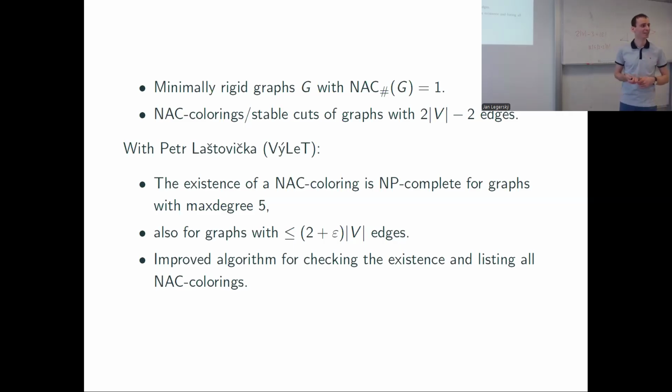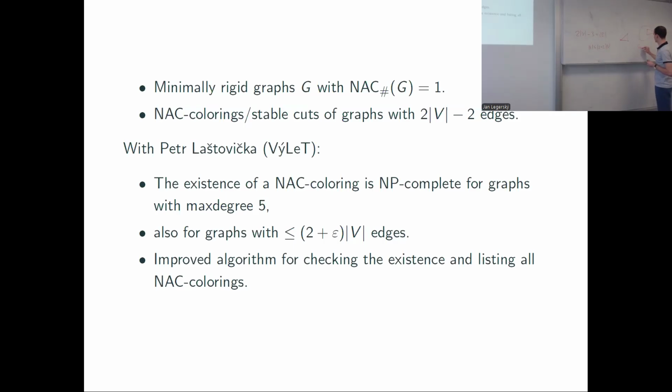So that would be the hardness, right? So what about containment in NP? Because it seems to me that from the definition you cannot verify that a given coloring is an NAC-coloring. That was the part that I was also thinking about. That's a good question. It's easy to verify because what you can do is, I don't have it on the slide, a coloring by red and blue, assuming that I use both colors, is a NAC-coloring if and only if the following holds.